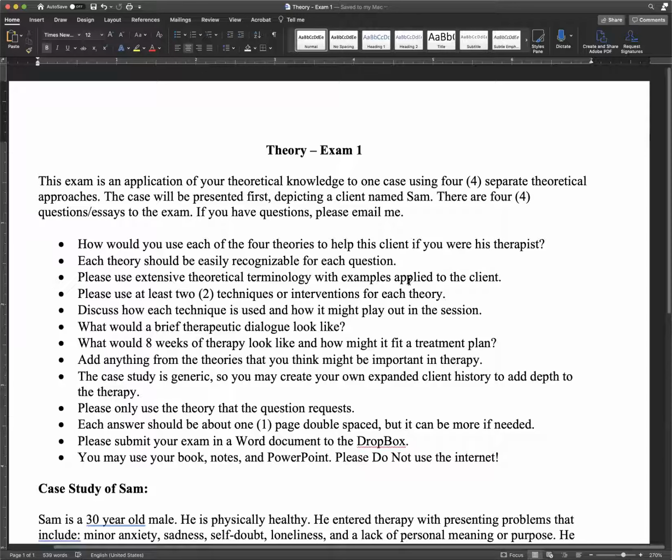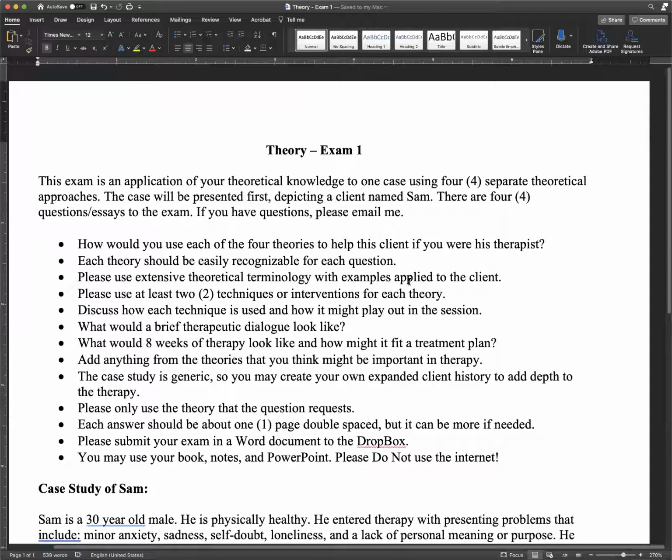Okay, so this exam's an application of your theoretical knowledge to one case using four separate theoretical approaches. The case will be presented first, depicting a client named Sam. There are four questions, essays, so they are essay questions to the exam.